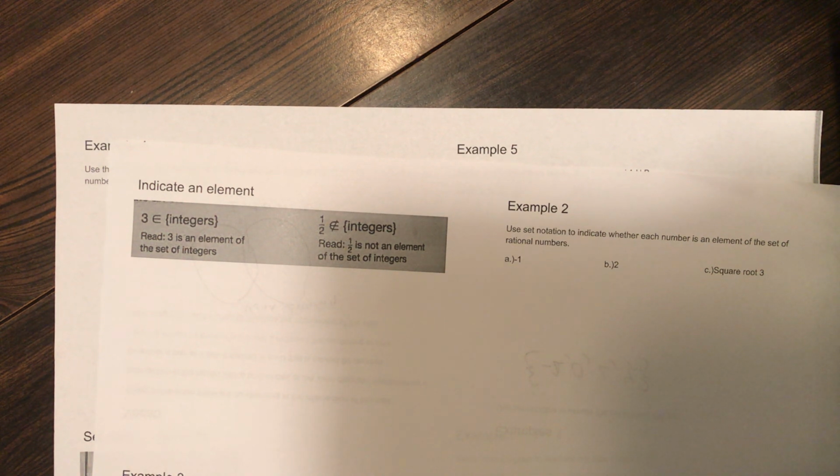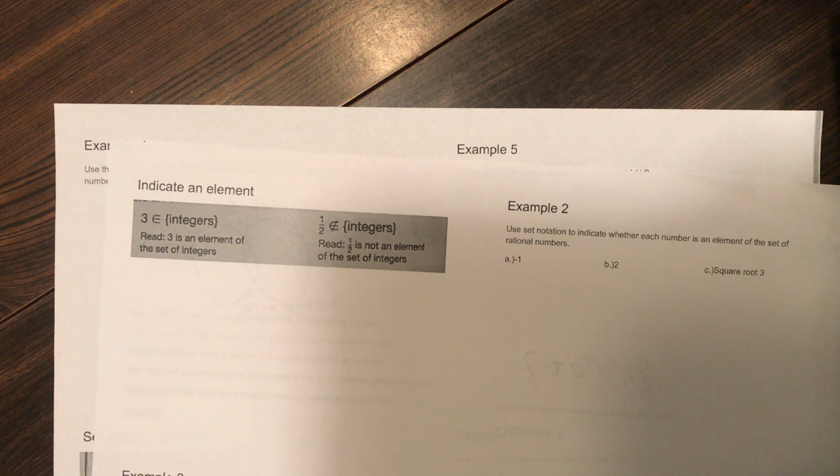So this reads 3 is an element of the set of integers. Now, 1/2 is not an integer because it is a fraction. So this one reads 1/2 is not an element of the set of integers.